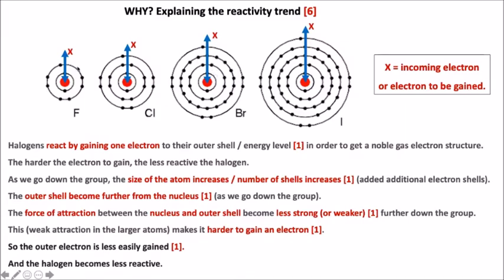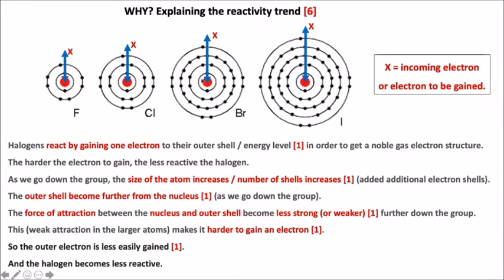Again, I've put the arrows in there, double-headed arrows, to show you the distance from the nucleus to the incoming electron or the electron to be gained. Look at it carefully and you can see the size or the distance. Let's use the word distance here. The distance between the positive nucleus and the electron to be gained increases as we go down the group.